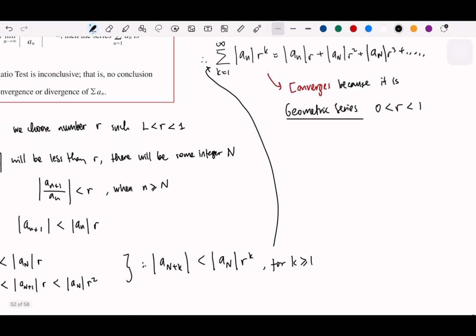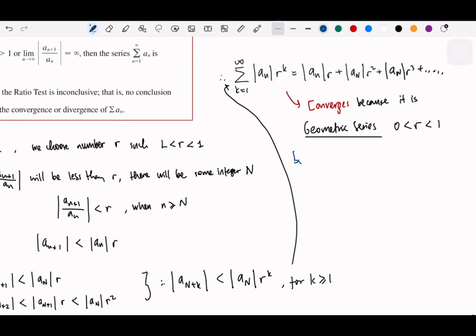So by the inequality that we have, this series is also convergent.